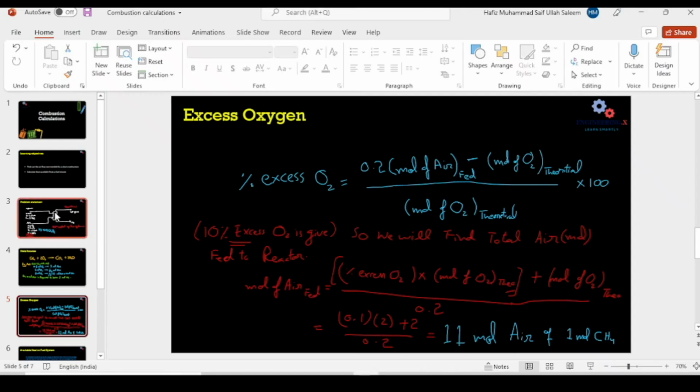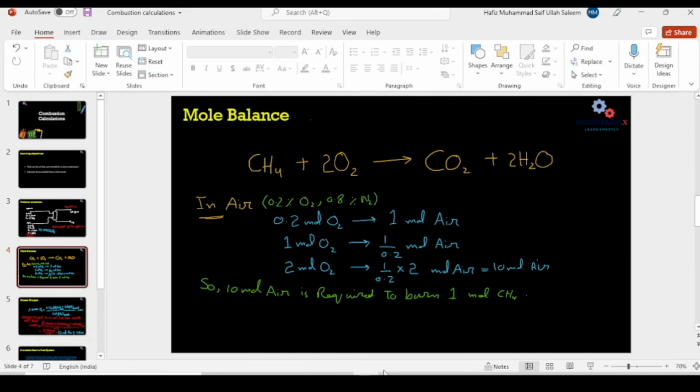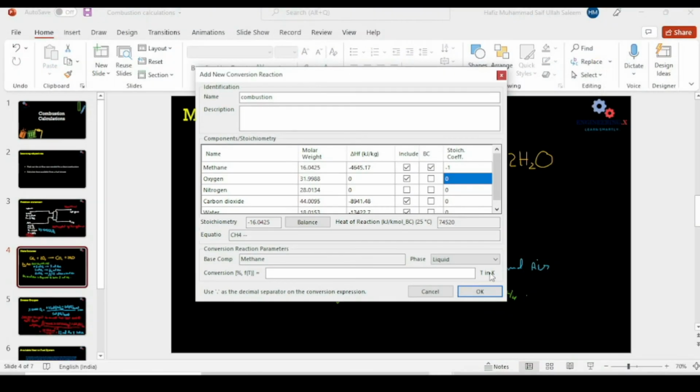Okay, so for oxygen -2, carbon dioxide is 1, and water is 2. Okay, so you can see that it says stoichiometry is okay, and the equation is balanced, and the heat of reaction at 25 degrees C is also given here. Okay, and this reaction is actually vapor phase reaction, and methane is the base component, and the conversion is 100%.